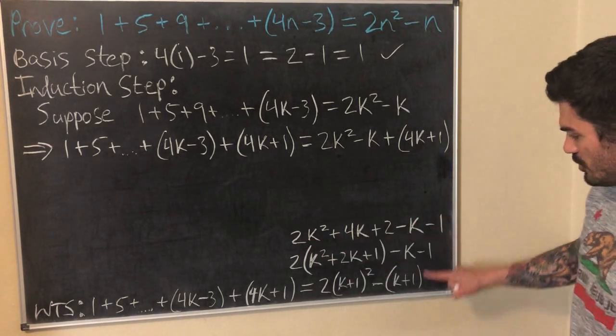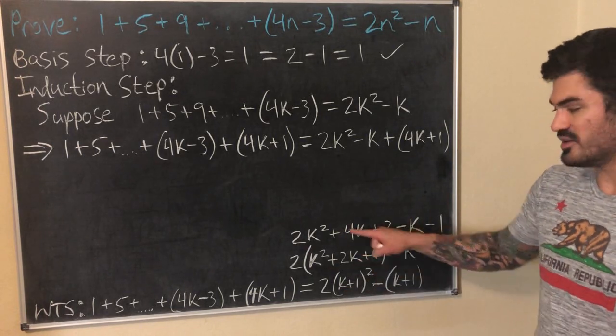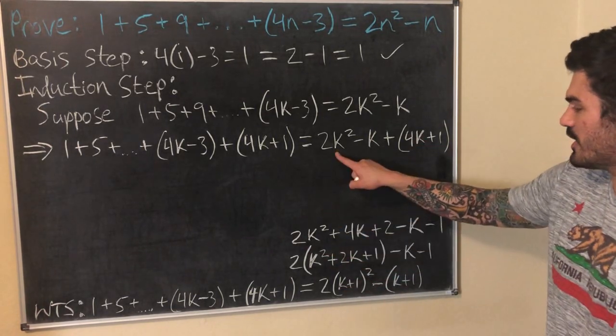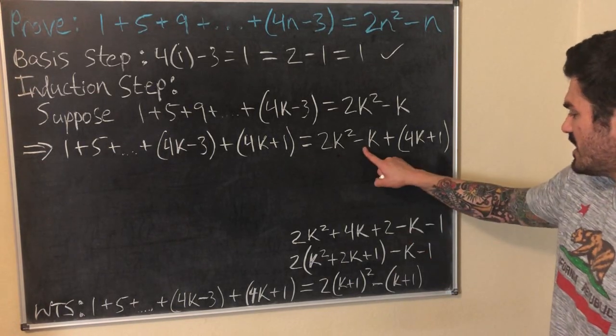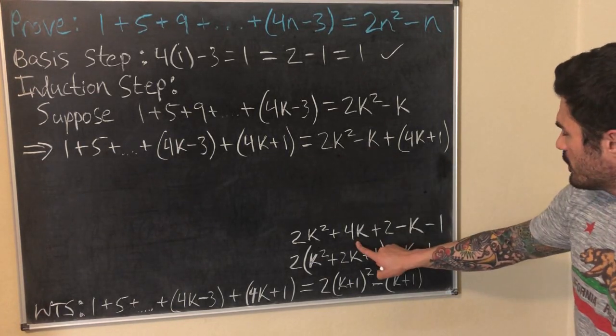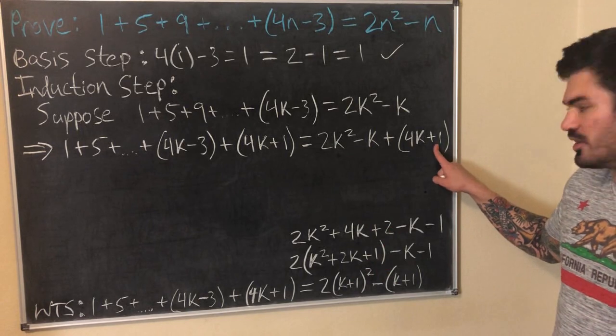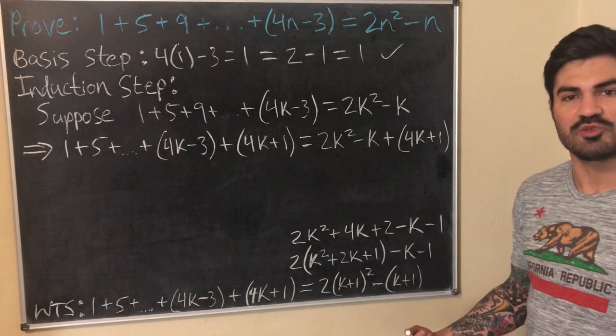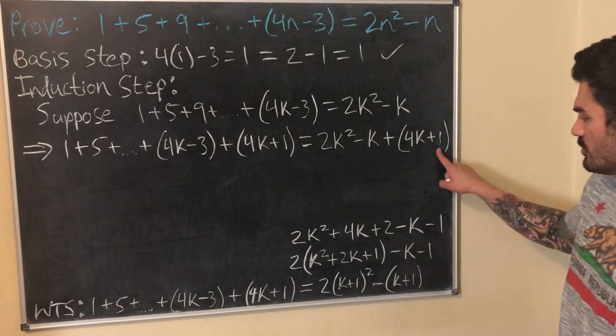So this is for sure equal to this, because I just undid it a little bit, right? Now let's compare this with what we have here. We have a 2k squared, we have a minus k, we have a plus 4k, but here we have a plus 1. Here we have a plus 2 and minus 1. But wait a minute, that's the same thing as plus 1, right? 2 minus 1 is equal to 1.